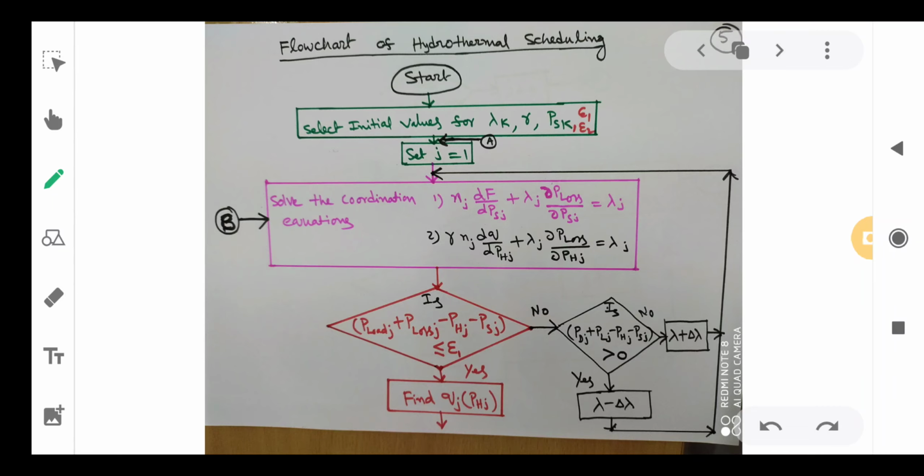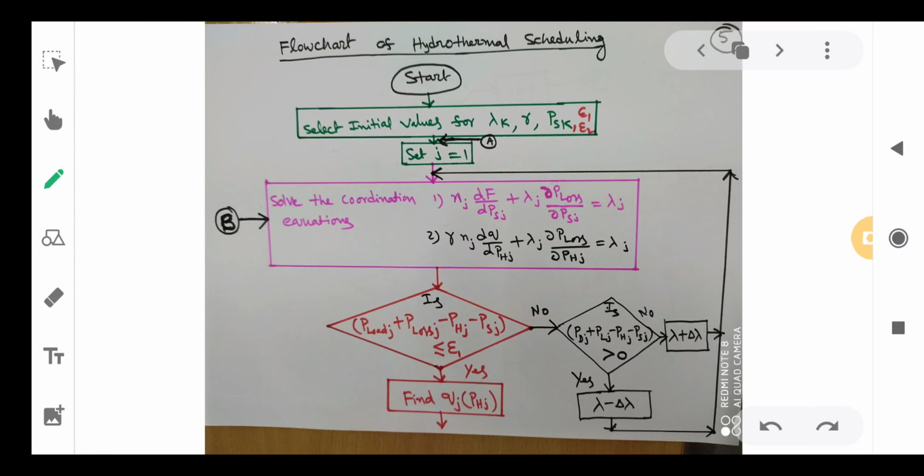Now let us understand the same by using the flow chart of hydrothermal scheduling. Start. Let us initialize the values lambda k, gamma, Psk, epsilon 1, epsilon 2, etc., the required values for the computer solution or program.